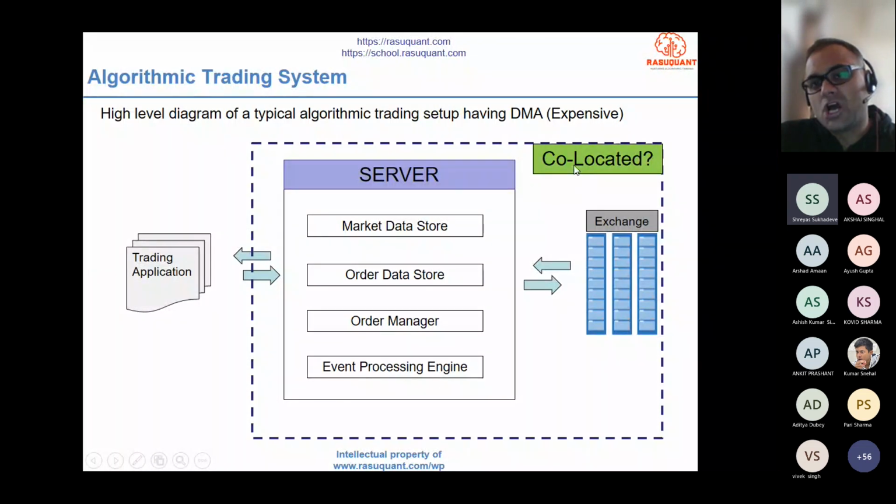And one very important thing is co-location. If you have direct market access, you would ideally want to have your server in the same premises as the servers of the exchange. We'll get to this in a bit; it's a bit of a high frequency trading thing.